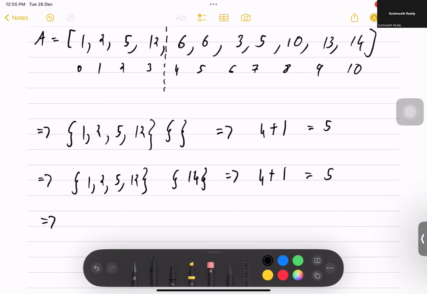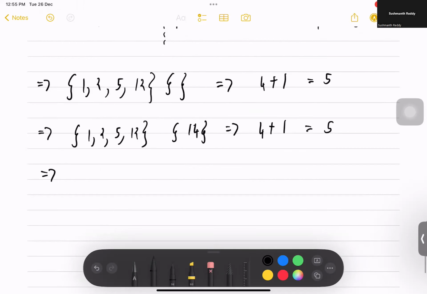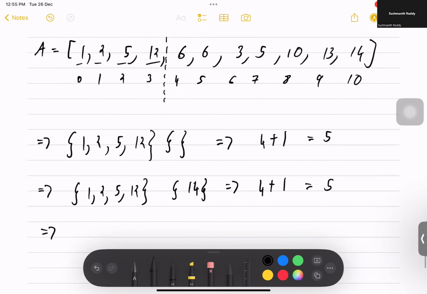So in the prefix values, to find the endpoint which is smaller than the starting point of the suffix, we can binary search. So the longest prefix has these elements. Among these, 12 is smaller than 14, right? So the longest prefix is 4 plus 1 because we include the empty prefix also.